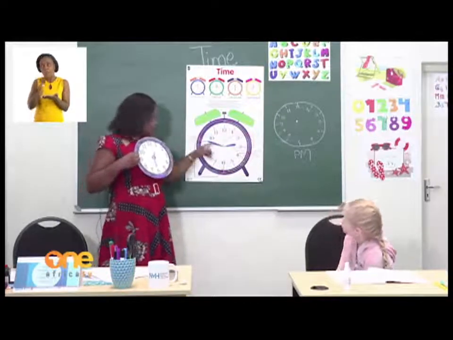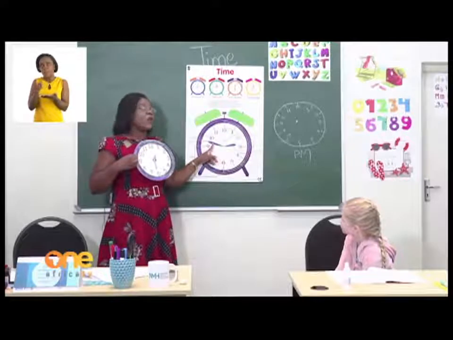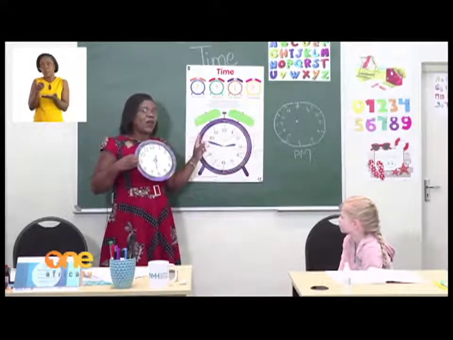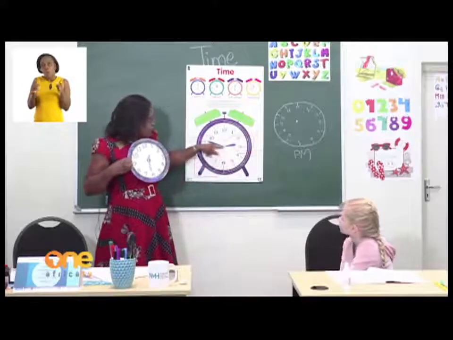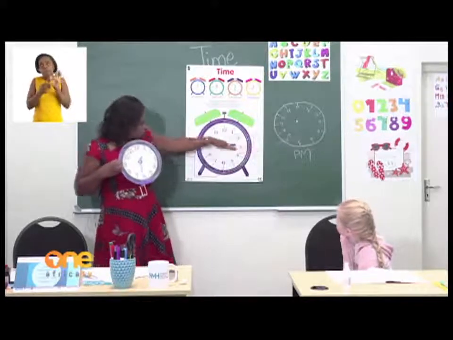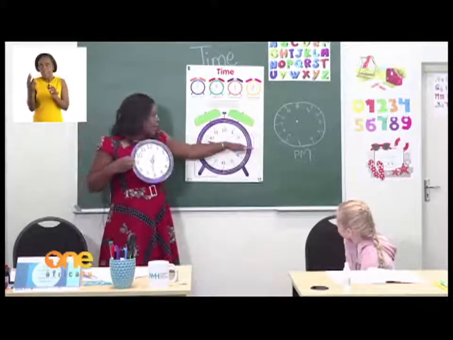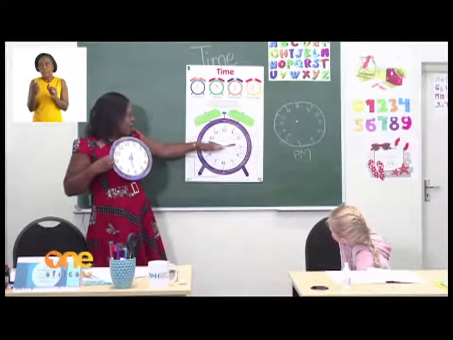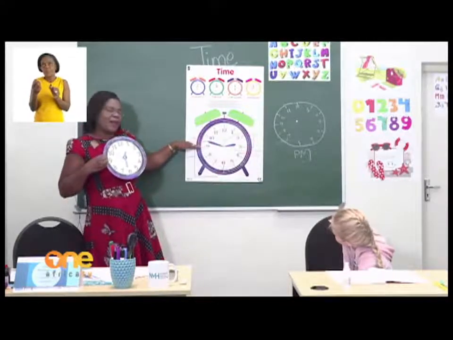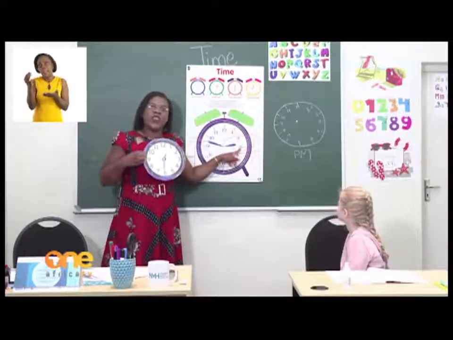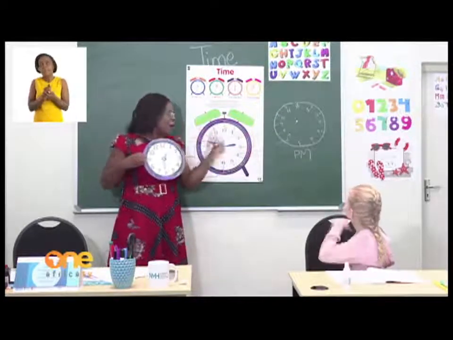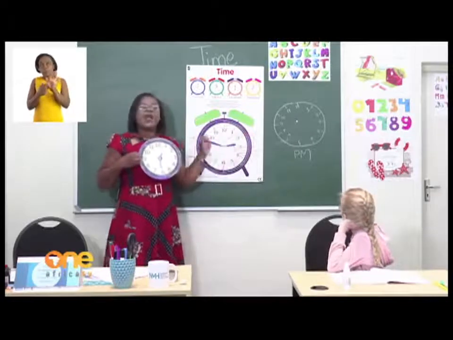Now, if the long hand, remember we must always use our long hand first. If our long hand is pointing at 3, remember we have cut it this way now. So we cut it on the 3. Nicely straight to a 9. Now, if the long hand is pointing at a 3, what do we say?